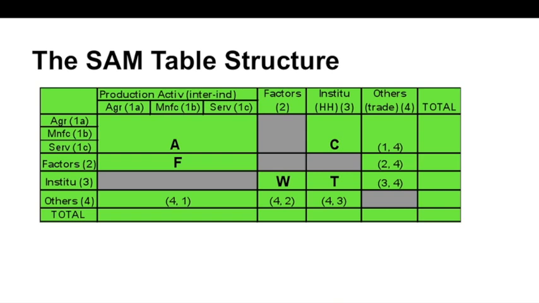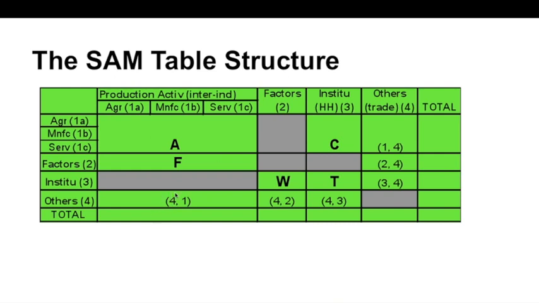And secondly, industry requires labor and capital investments. So this relationship is shown in submatrix F here, where factors of production serve as input for production activities.